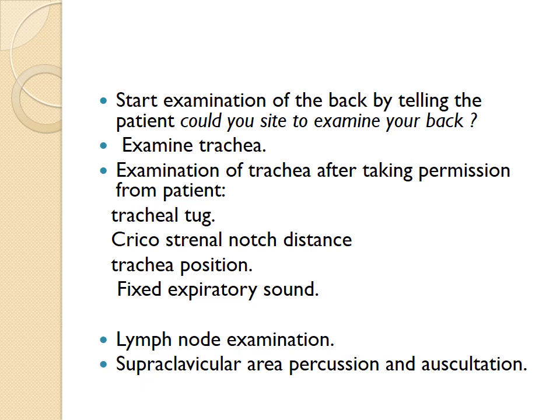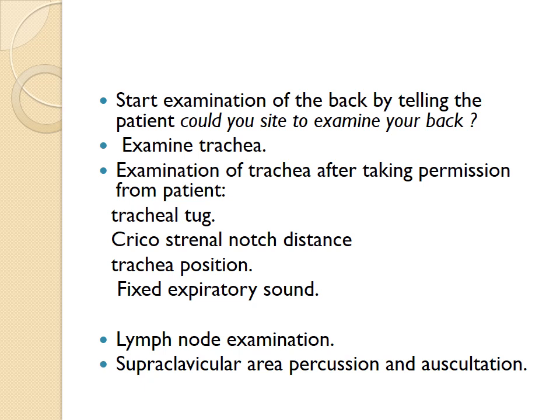Then examine the lymph nodes. For lymph node examination, when you are behind the patient, check for submental, submandibular, and anterior cervical lymph node groups at the anterior border of sternomastoid, and I will check also the pre-auricular lymph nodes. Then from the front, I will be in front of the patient.